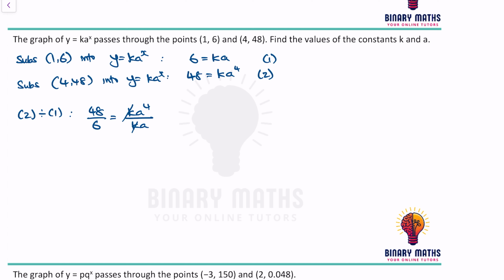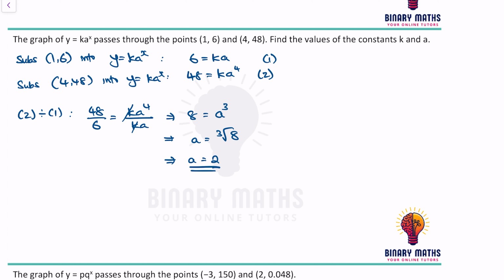So we eliminated k, which implies 48 divided by 6 is 8, must be equal to a to the power of 3, which means a must be equal to the cube root of 8, which implies a is equal to 2. Okay, I also need to find the value of k.